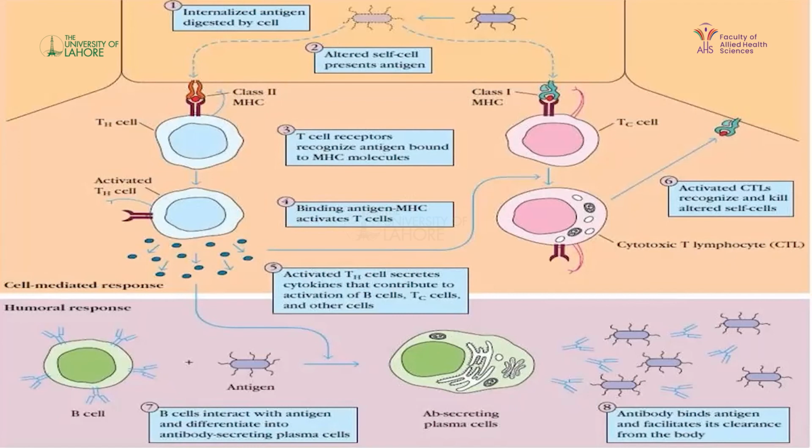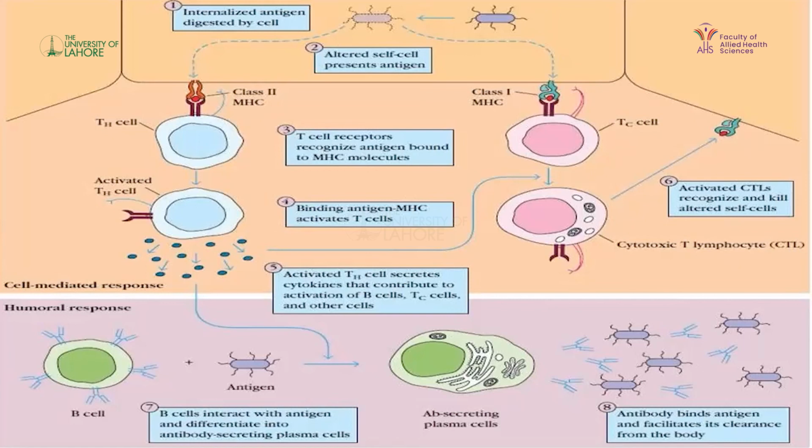cytotoxic T cells. Here in the third step, we can see that the T cell receptor recognizes antigen bound to MHC class molecules. In the fourth step, we can see that binding of antigen and MHC class activates T cells, T helper cells and TC cells. So binding of the T helper cell along with the complex of MHC molecule and antigen will activate the T helper cell.